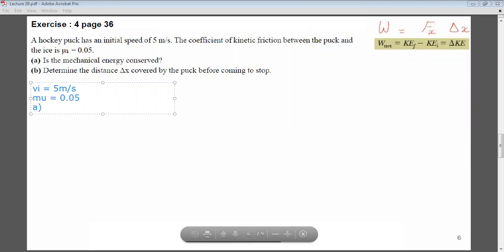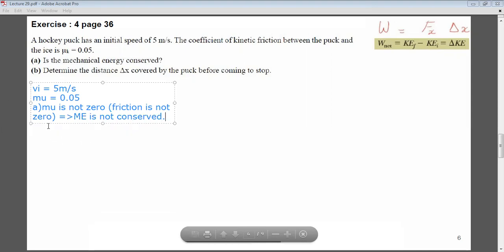But in this exercise, they're giving me a coefficient of kinetic friction. So mu is not 0, or friction is not 0, which implies mechanical energy is not conserved. Okay, so done with this part.